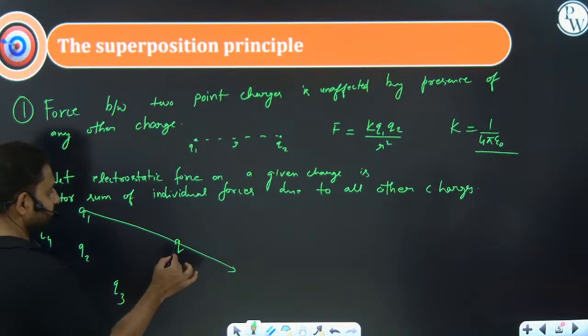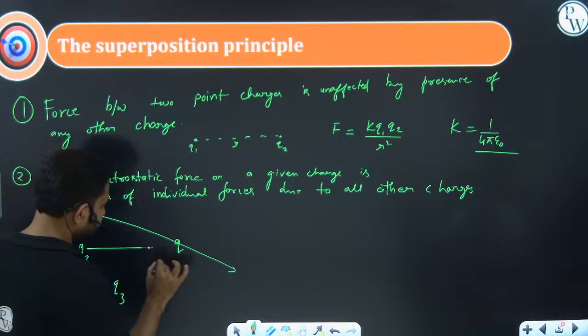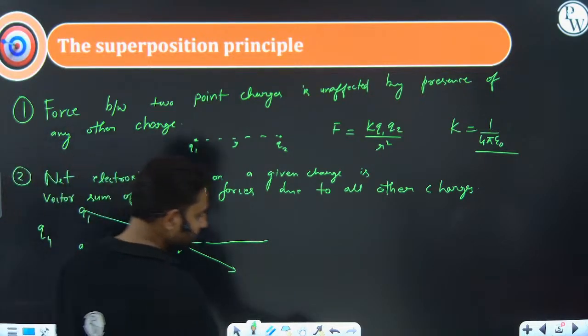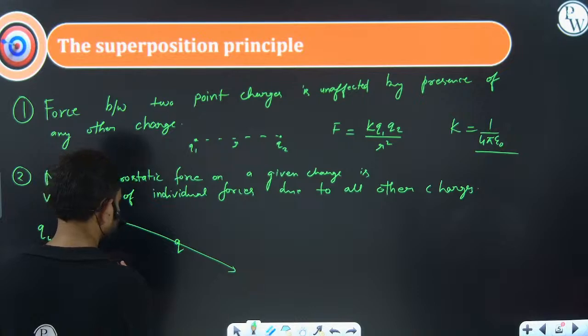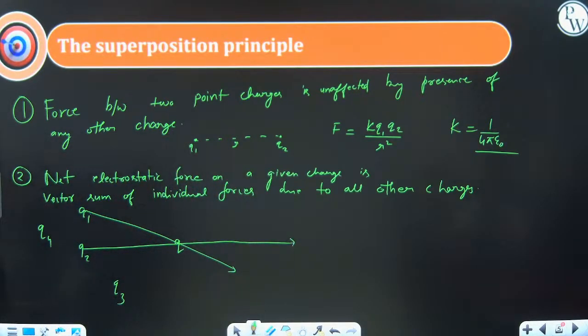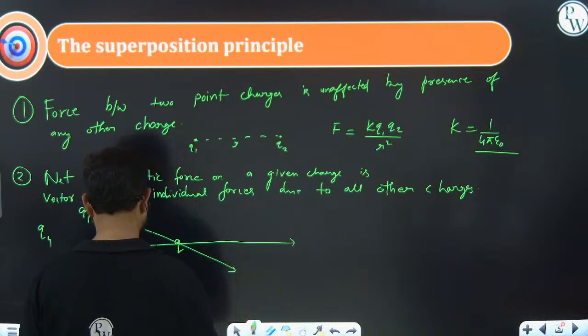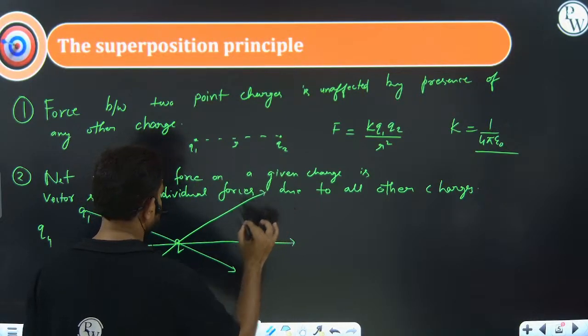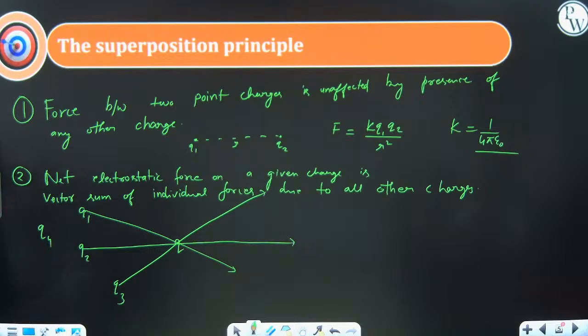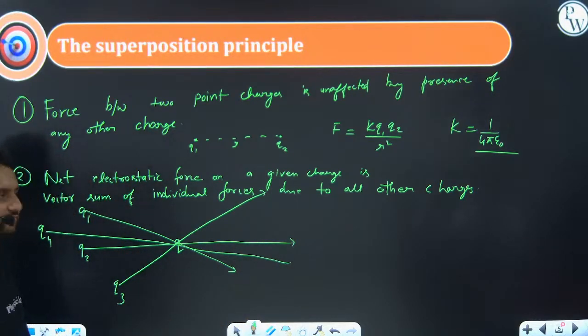Correct or not? q2, it will be acting like this only. Because of q3 it will be acting like this. It should be a straight line, because force acts along the line joining the two charges, and due to q4 it will be acting like this. Individual forces.